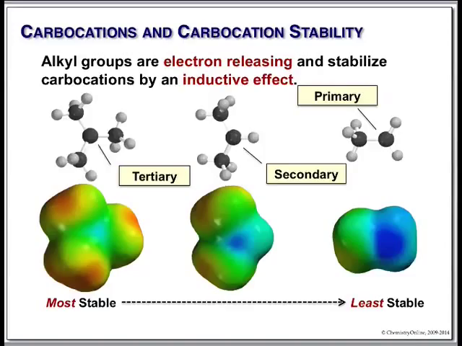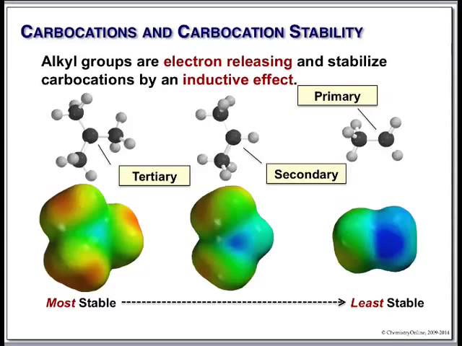The reason that this occurs is that alkyl groups in general, an alkyl group is basically any carbon that's attached out here, these things are electron donating inductively. That means that they can release electrons through this covalent bond to stabilize the positive center.